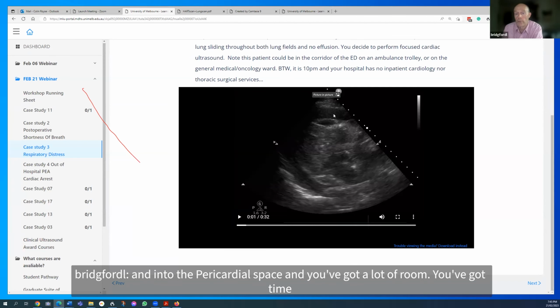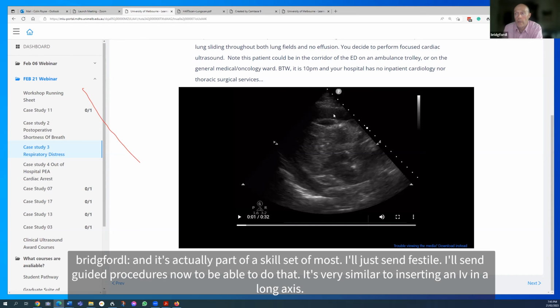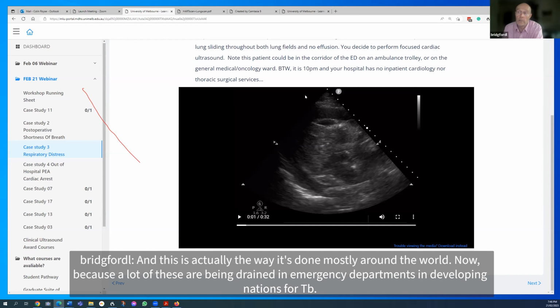And you've got a lot of room, you've got time, and it's actually part of the skill set of most ultrasound-guided proceduralists now to be able to do that. It's very similar to inserting an IV in a long axis. And this is actually the way it's done mostly around the world now, because a lot of these are being drained in emergency departments in developing nations for TB.